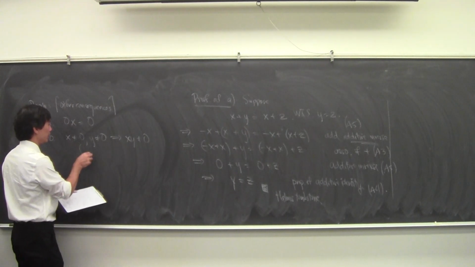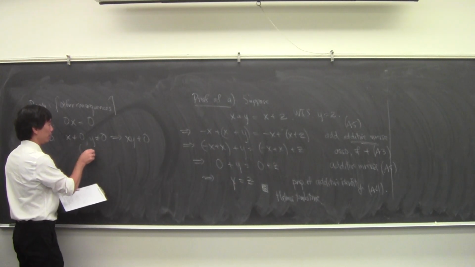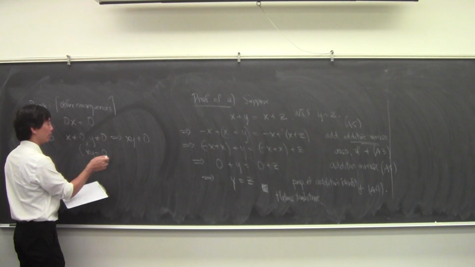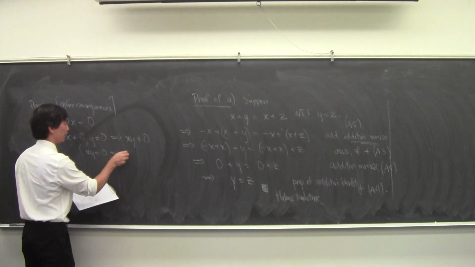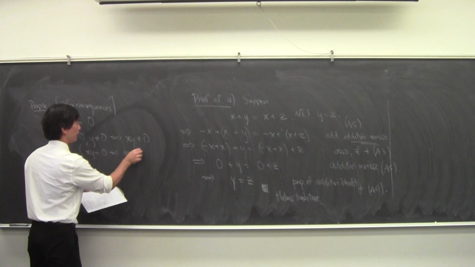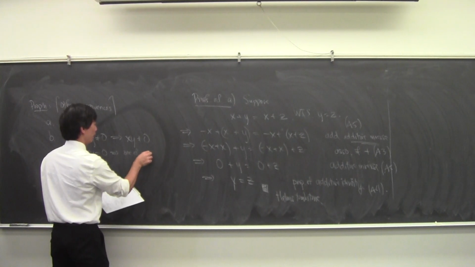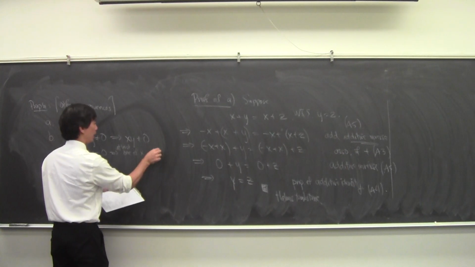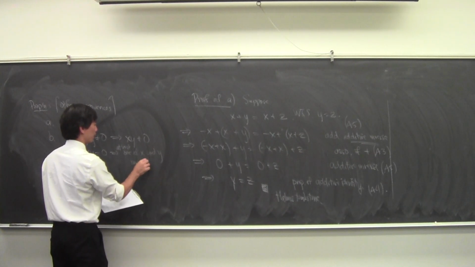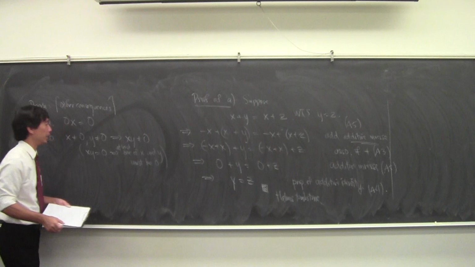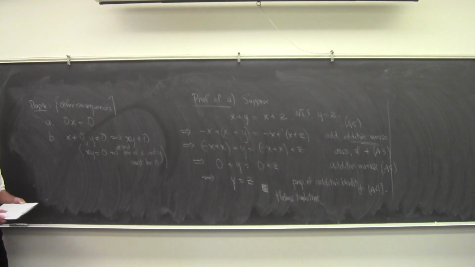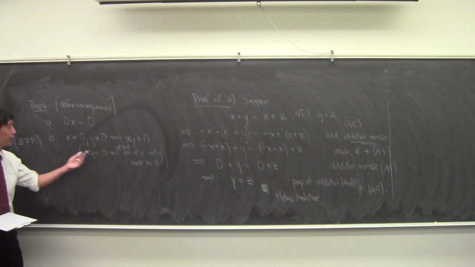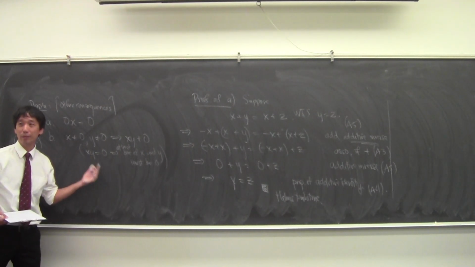Or its contrapositive, it's the same thing as saying if the product is 0, then at least 1 of x and y must be 0. This is sometimes called the zero product property. Whenever you get a 0 as a product, one of the factors must have been 0.